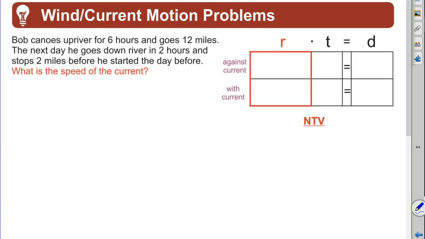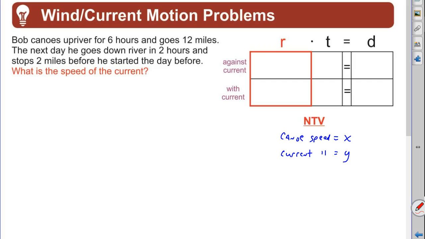All right, so what are we dealing with in this problem? Bob canoes, so we're canoeing. So this is the canoe speed, x, and that would be in still water with no current. Then the other is the current speed, and that's y. Okay, so your rate column is always this.